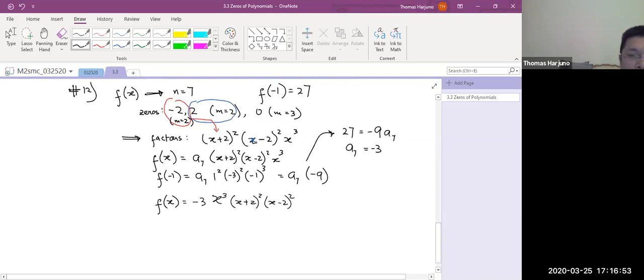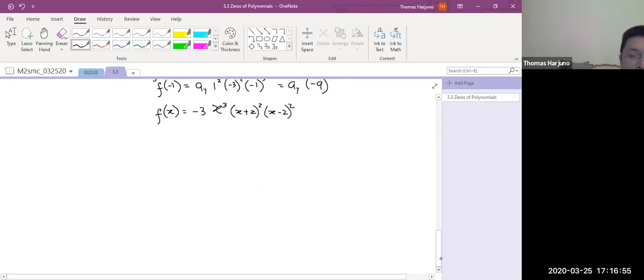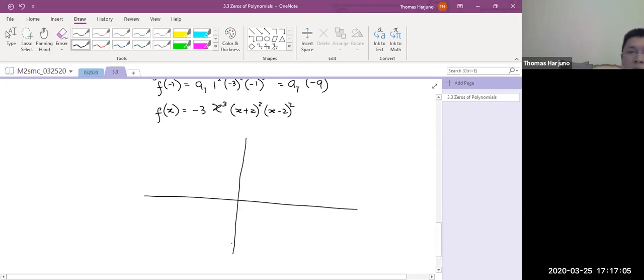And how do we graph this? The y-intercept is 0, 0. Actually, the x-intercepts are 0, 0, 2, 0, and negative 2, 0.